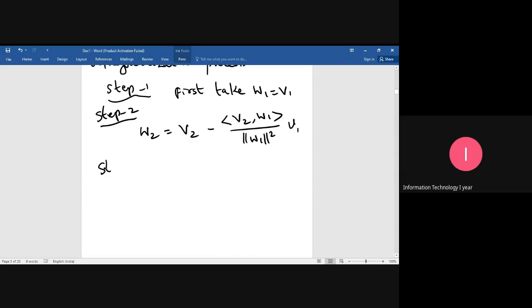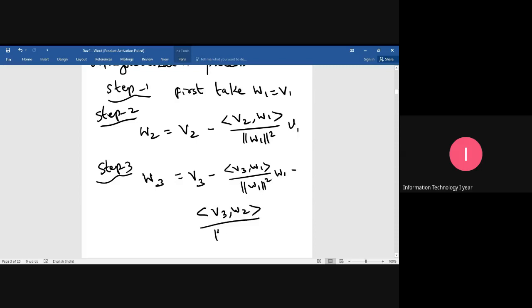Suppose step 3: if they ask to find W3, you can use the formula W3 is equal to V3 minus inner product of V3 comma W1 by norm W1 squared into W1, minus inner product of V3 comma W2 divided by norm of W2 squared into W2 vector.